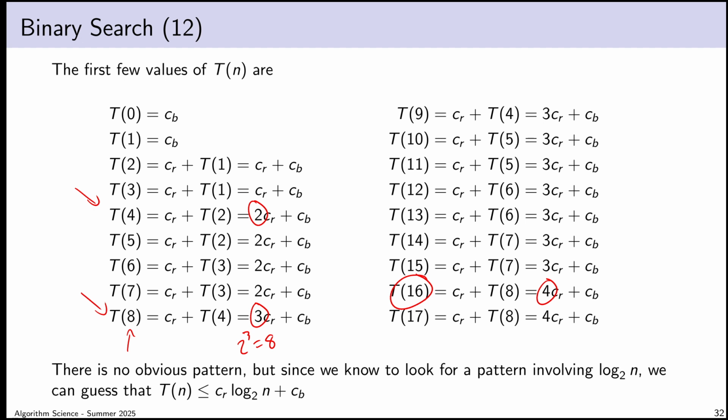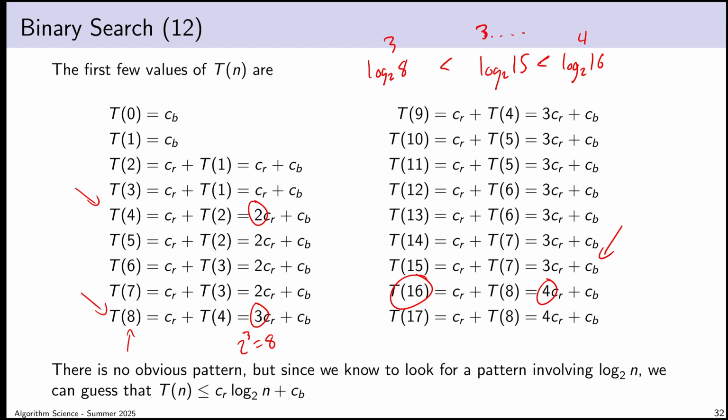And of course, obviously log base 2 of 15 is definitely less than log base 2 of 16. And because log base 2 of 16 is 4, and because also log base 2 of 8 is 3, I would expect that log base 2 of 15 is 3 point something.